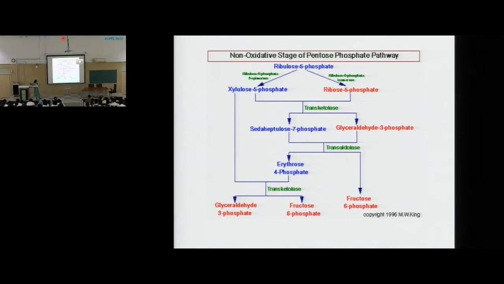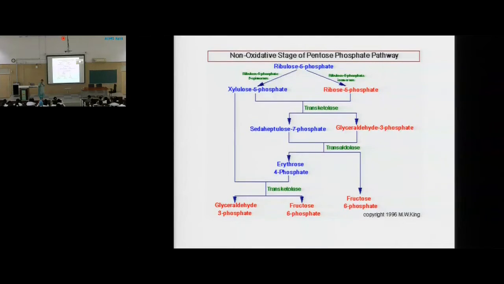If you remove 3 from 7, what is left is 4, so erythrose will be formed. This erythrose will again react with xylulose, that means 1 more glucose is required in the reaction. Xylulose will give a 2 carbon compound to erythrose and that will form fructose, and what will be left of xylulose is glyceraldehyde 3-phosphate.